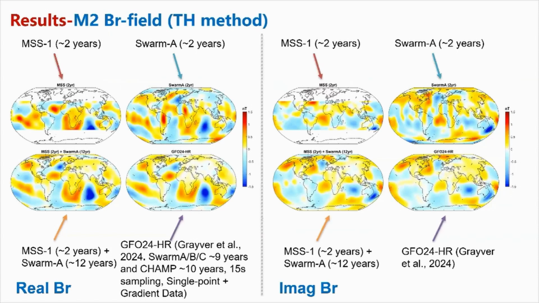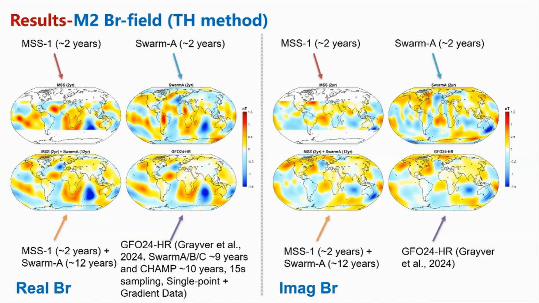Okay, I show the result. The left side is the real part of the radial component of the magnetic field for the M2 tidal signal. As you can see here, the 2 years MSS-1 tidal signal is quite close to the one with the 12 years Swarm A data set.